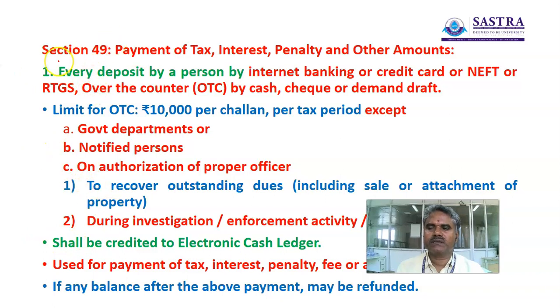Here we have to see Section 49, payment of tax, interest, penalty and other amounts. Every deposit by a person can be made by internet banking, credit card, NEFT, RTGS, or over the counter (OTC) by cash, cheque or demand draft.